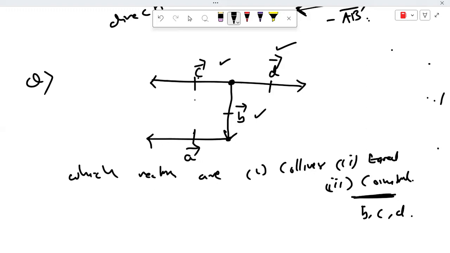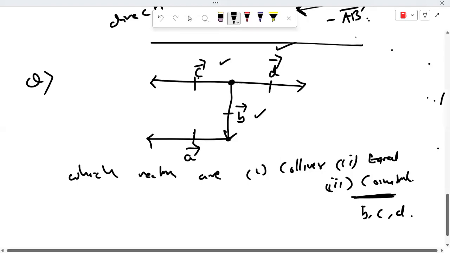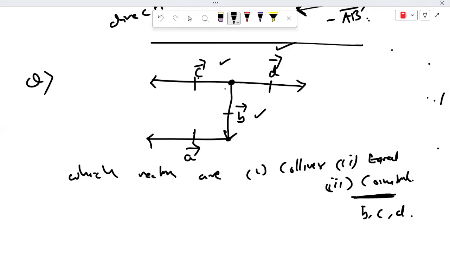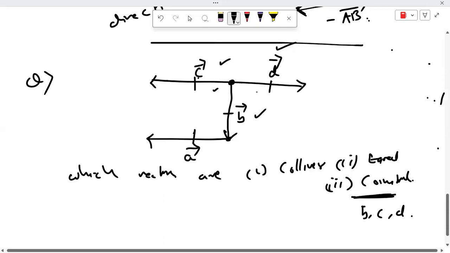And collinear, which are collinear? D also, remember. In collinear, I told you if they are parallel to the same line. So even though C and D have opposite direction, they are parallel to the same line.